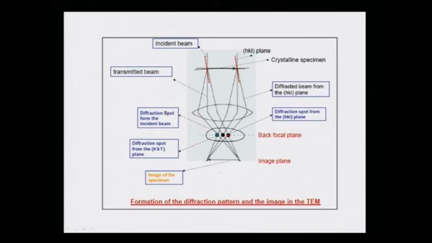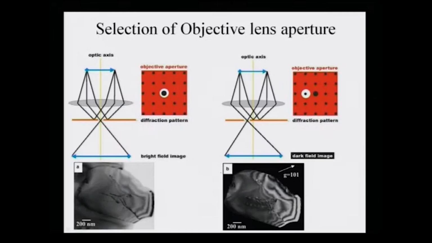This is simply the formation of the Fourier transformation of the electron beams, or the exit waves at the exit surface of the crystal. Now, as I said, we can use this diffraction pattern to get diffraction contrast, which is normally done in standard electron microscopes.